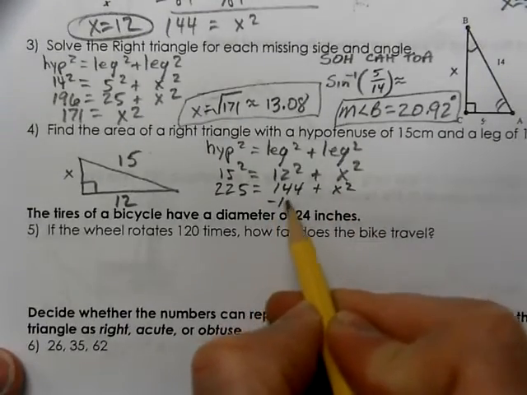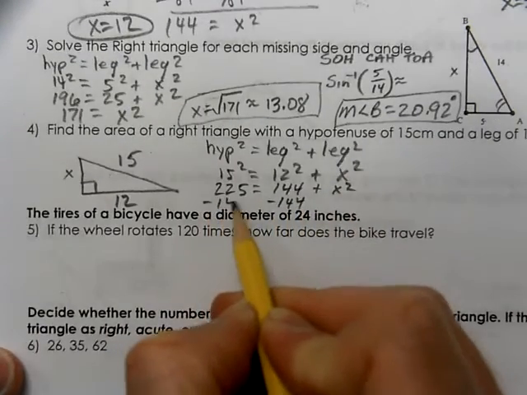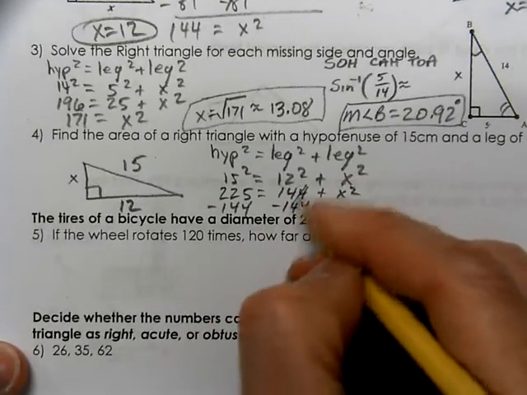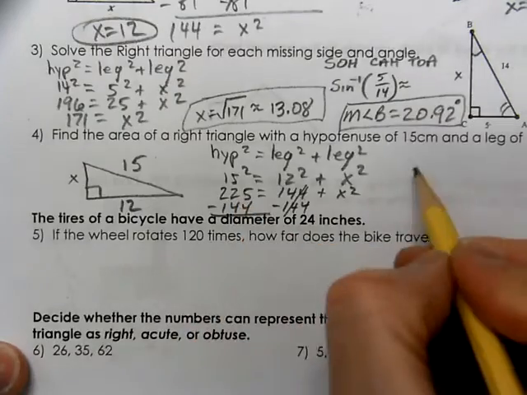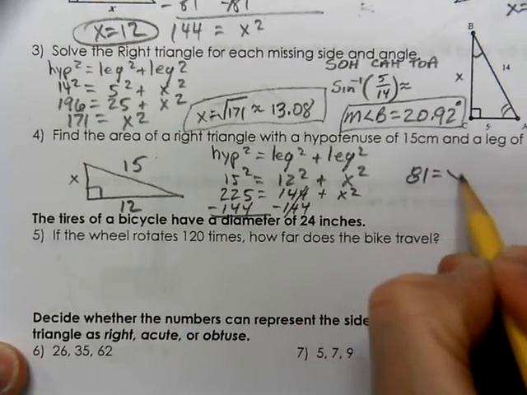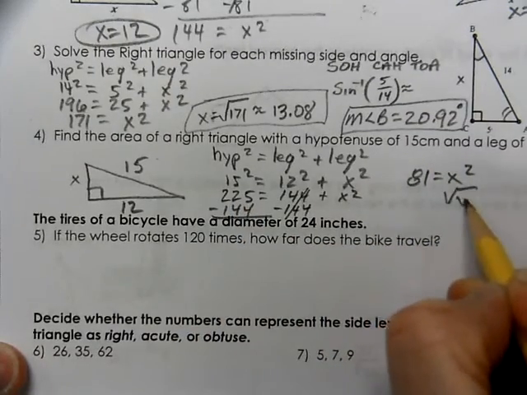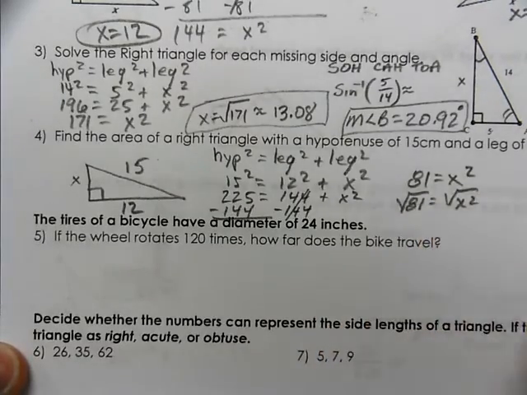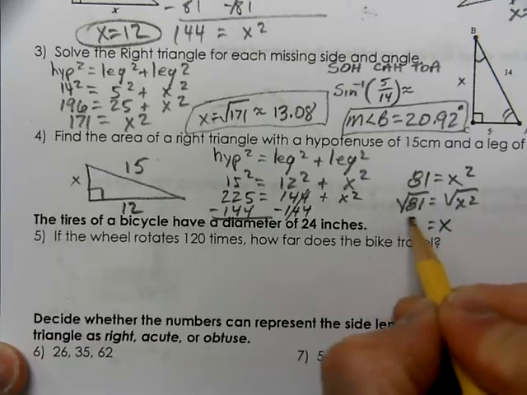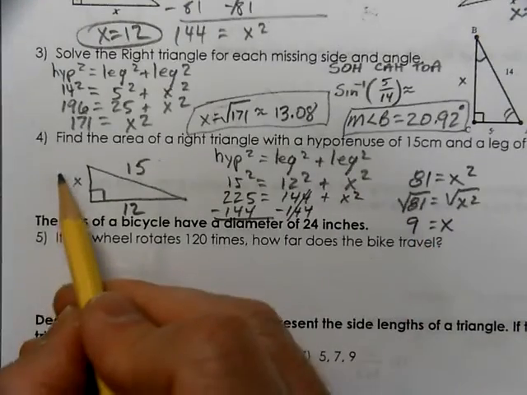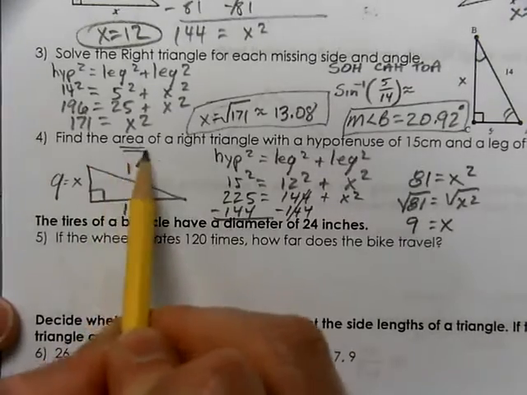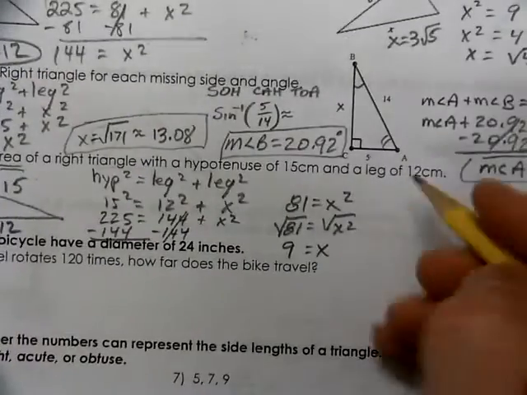We're going to subtract the 144 over. So that's going to give us 81. And then we can take the square root of both sides. So our unknown side is 9. Now the reason why we're finding that unknown side is for us to find the area of a right triangle.